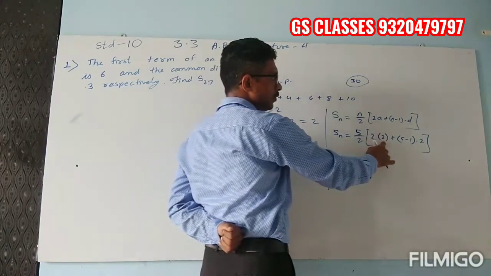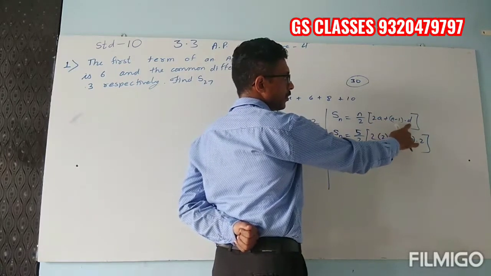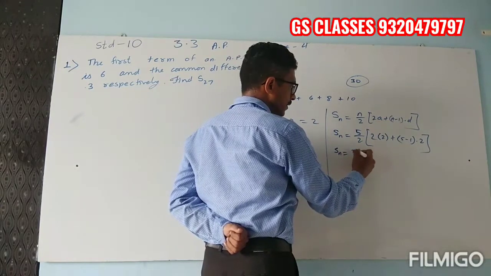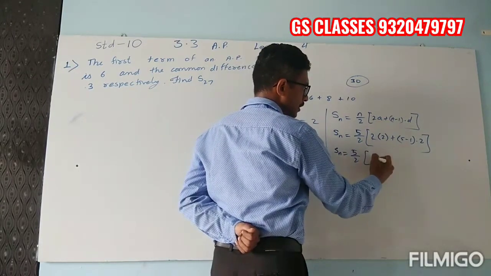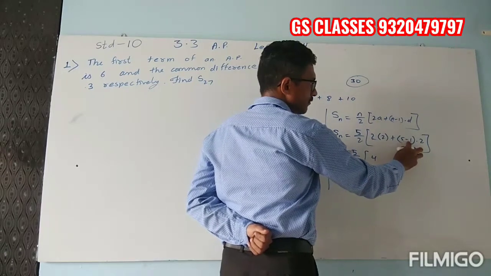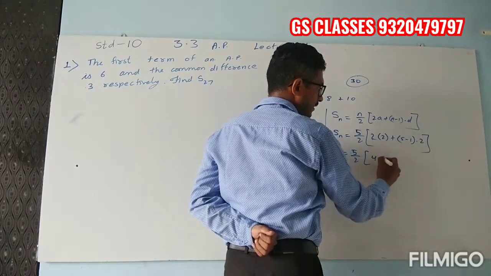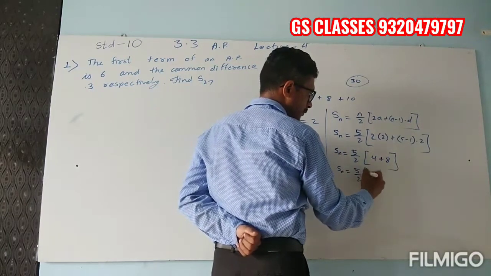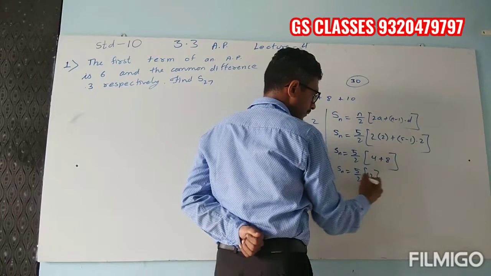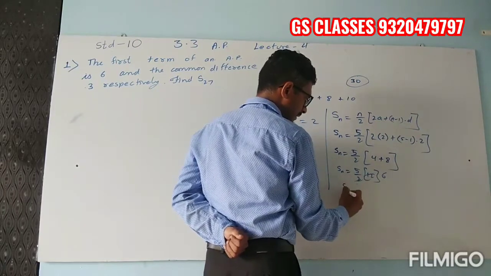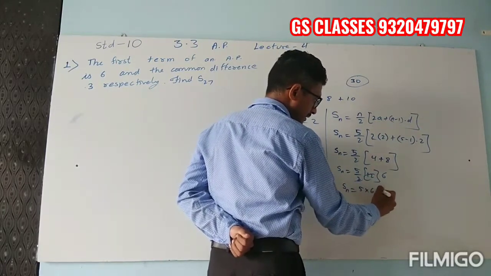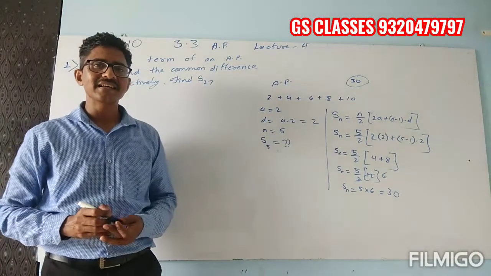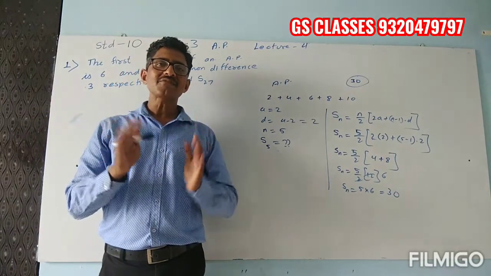Sn is going to be 5 by 2. 2 twos are 4. 5 minus 1 is 4. 4 and 4 are 8. Sn is 5 by 2 into 8 and 4, 12. 2 sixes are 12. Sn is 5 into 6, which is 30. Agree, children?